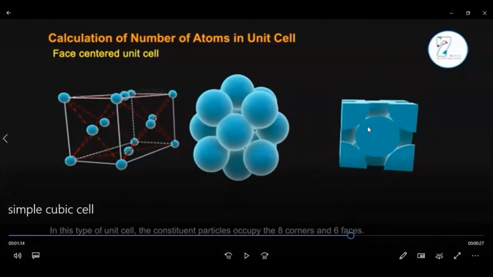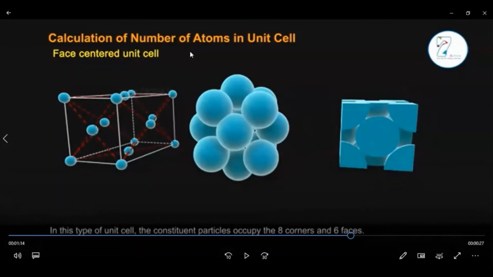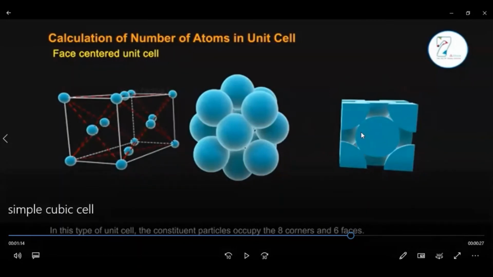Here you see this is a face. We have 1, 2, 3, 4, 5, 6 faces. The cuboid has 6 faces, and in each face we have a half atom. Which means 6 into half will give you 3.